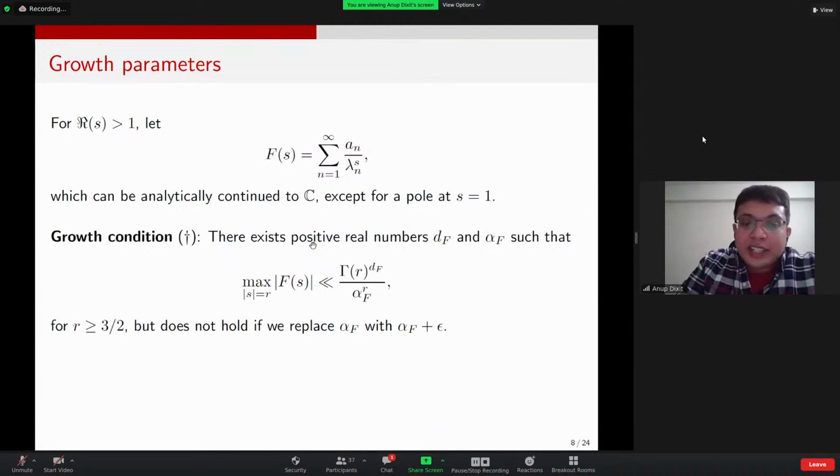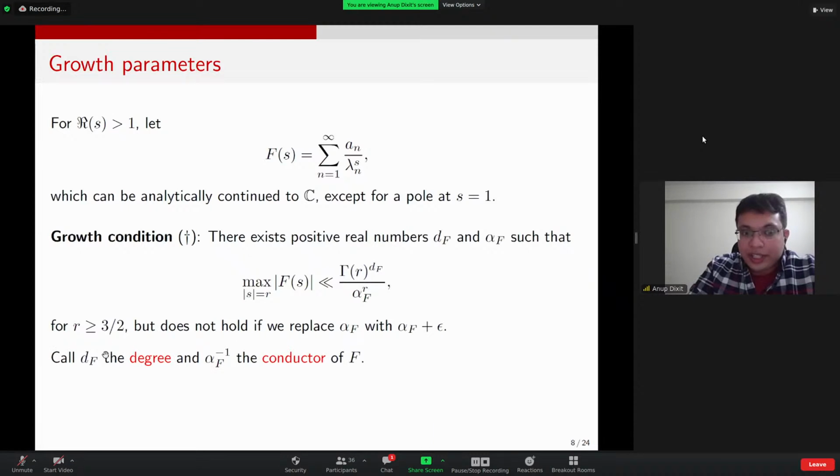If this condition is satisfied, then we say growth condition dagger is satisfied, and we call d_f the degree of the function and alpha_f inverse the conductor of the function f. So this is the growth condition that we introduce.